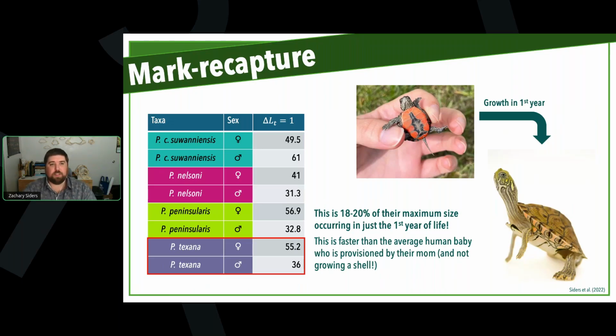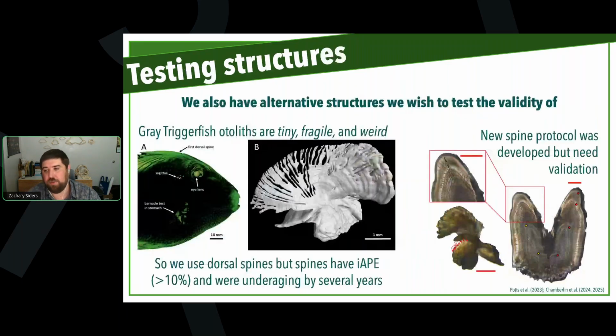One of the other things that we typically run into is that we have alternative structures that we want to go about. So in the case of the gray triggerfish here, the motivation is, this is again Derek Chamberlain's work from his dissertation, you have otoliths that are super tiny. You can see the little sagitta otolith in this CT scan here over on the left.